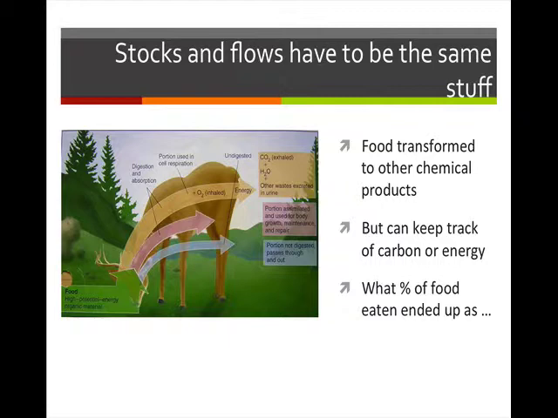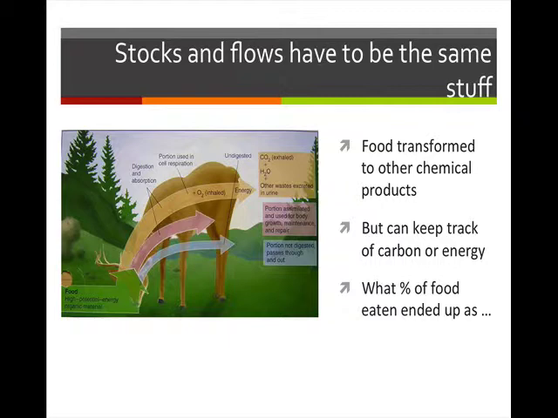It's not like you have, here's some grass that the deer's eating and how much grass, because it changes format all the way. So we can try to keep track of carbon or energy, but here's a hint, and if you're facing this, just try to say like what proportion of the food was eaten and what happened to it. So there's 100% of the food came in. What happened? What was the fate in terms of proportion?